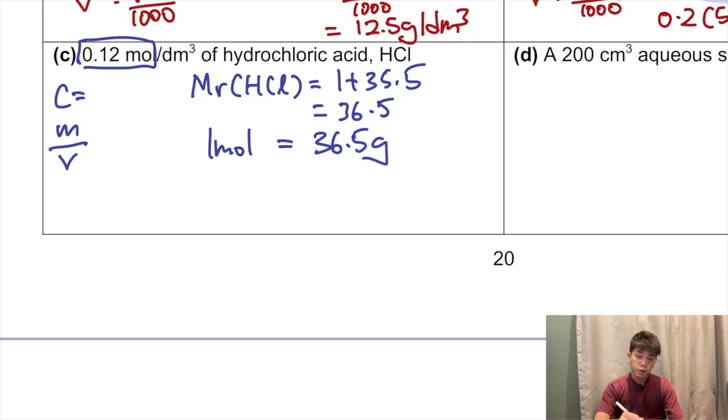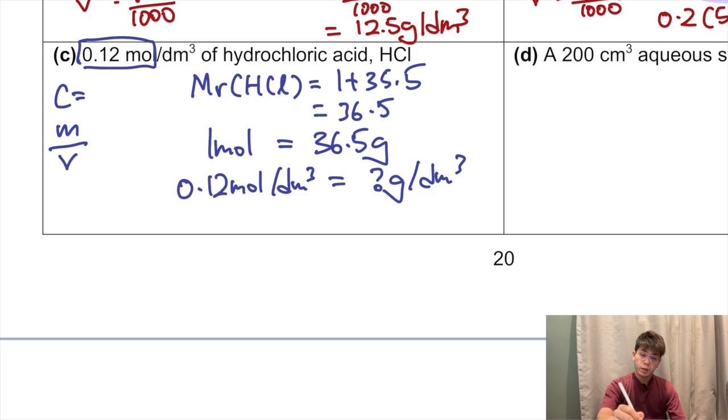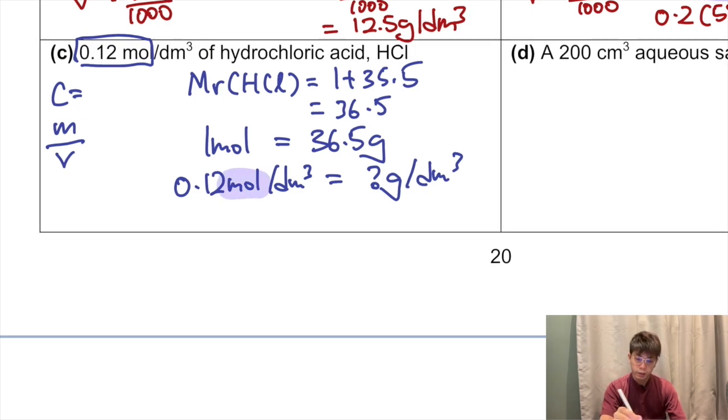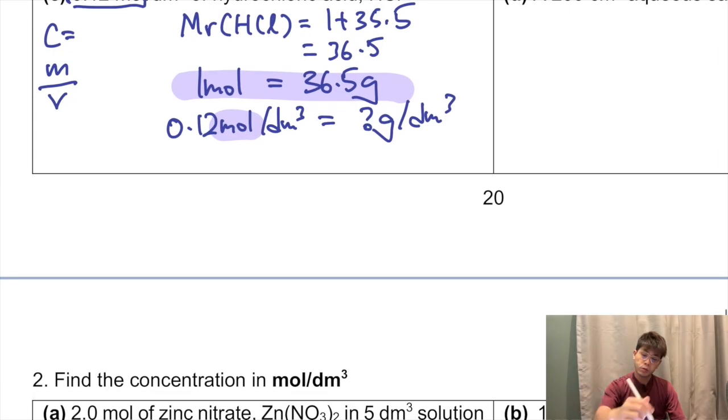Alright, but now I got 0.12 mole per dm cube, and I want to know how many grams per dm cube that is. So that's perfect because we can substitute this mole over here with this equation. It's like a simultaneous equation. I can substitute this whole thing in. So let me use red now.